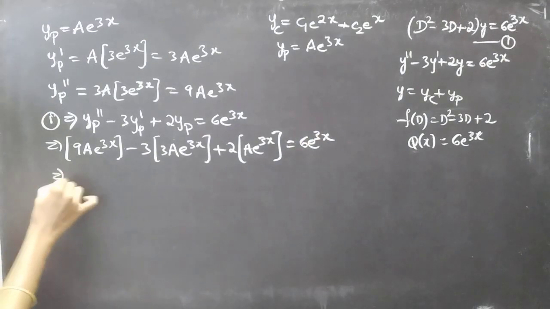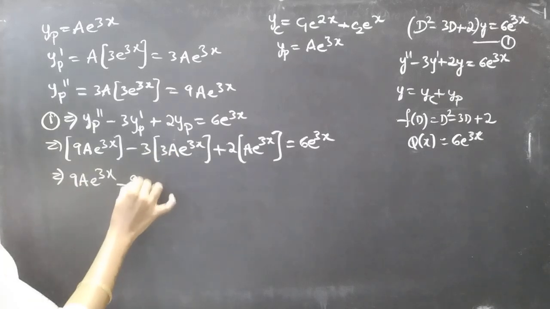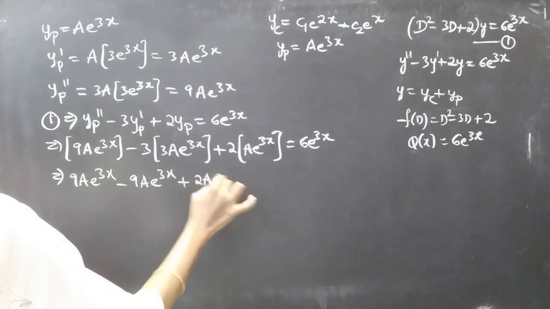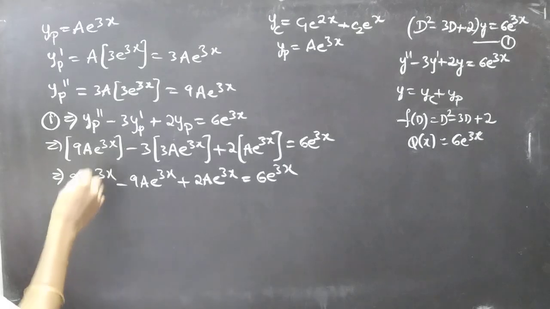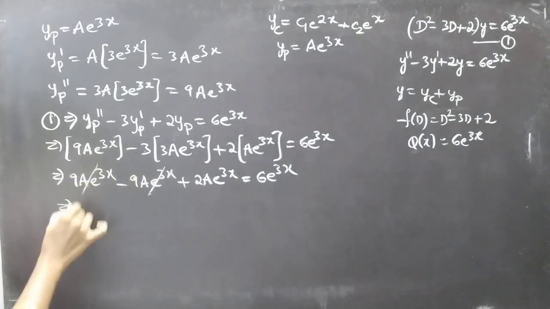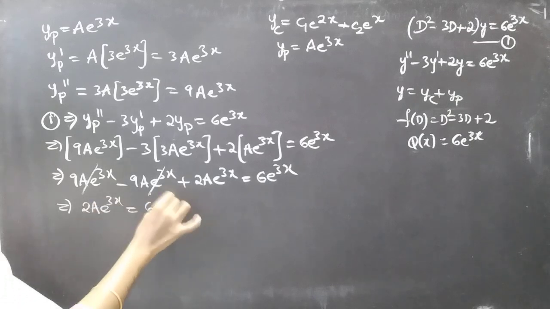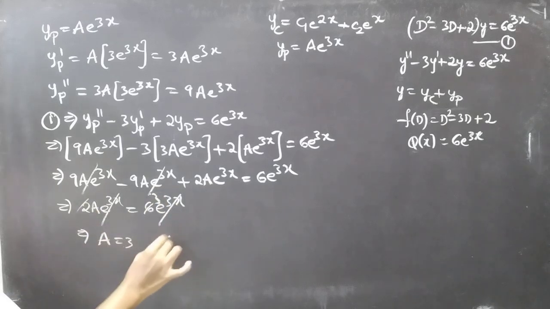Here you can cancel 9a e power 3x minus 9a e power 3x, and you'll get 2a e power 3x equal to 6 e power 3x, where e power 3x gets cancelled. 2 times a equals 6, so a equals 3. We got the value of a.